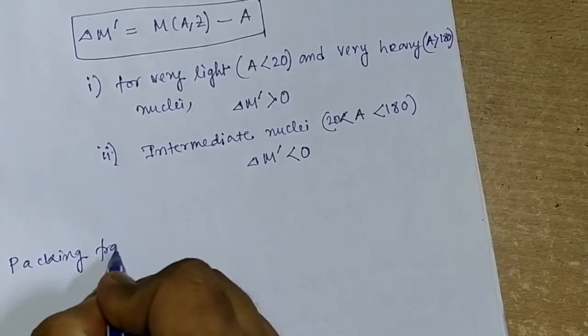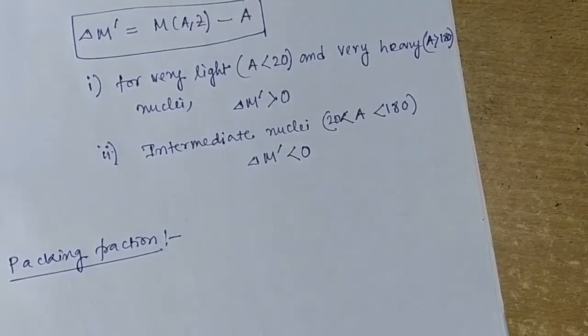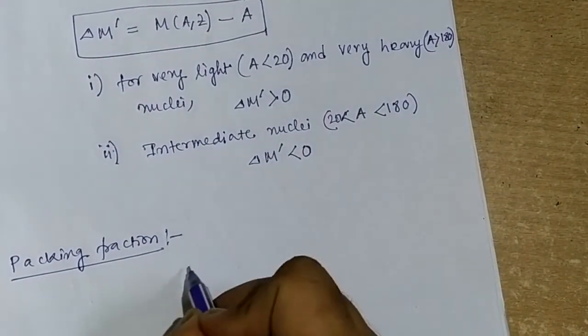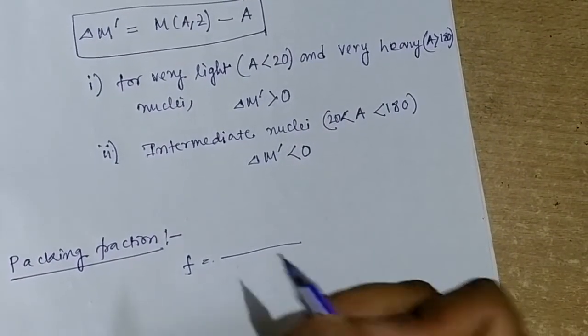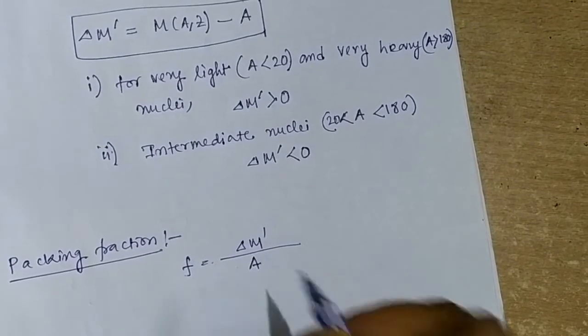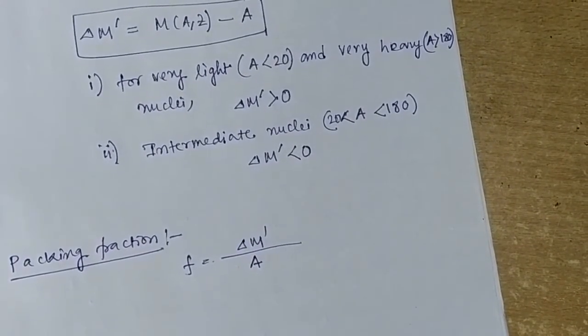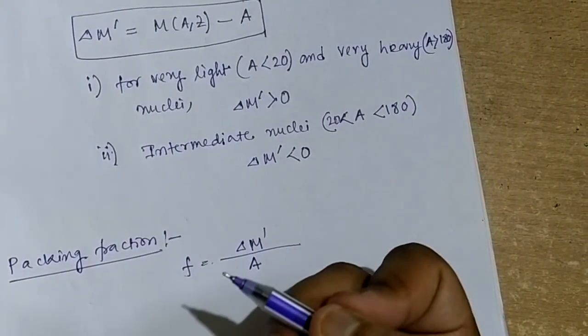Packing fraction. So the question is, what is packing fraction? Simply, the packing fraction is denoted by small f, and it is the mass defect per nucleon in the nucleus. The total number of nucleons inside the nucleus is denoted by the mass number.